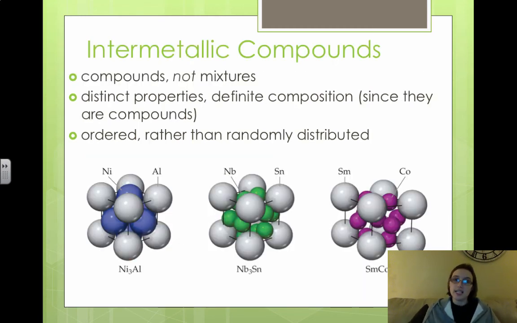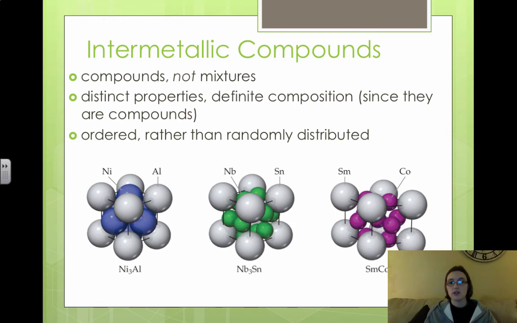So then the last type of alloy actually isn't a mixture at all. Instead, it's what's called an intermetallic compound. An intermetallic compound, as you could guess, is a compound, not a mixture. Because they are compounds, they have definite properties and their composition cannot be varied. So it has definite properties, definite composition, but the different types of atoms are ordered rather than randomly distributed.